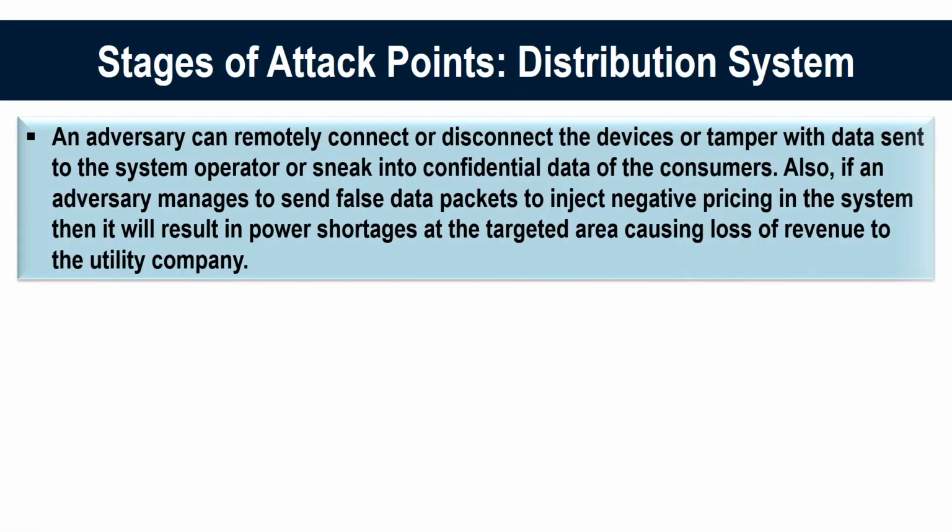Any adversary can remotely connect or disconnect the device, tamper with data sent to the system operator, or sneak into the confidential data of the consumers. Also, if an adversary manages to send false data packets to inject negative pricing in the system, it will result in power shortages at a targeted area, causing loss of revenue to the utility company.